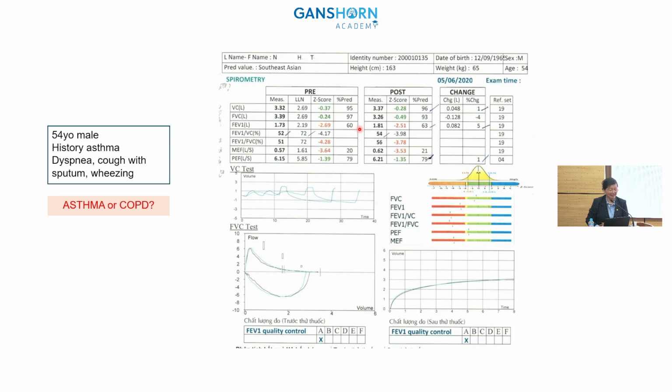So in summary, there is a patient with no restriction, with moderate obstruction, and negative bronchodilator test.